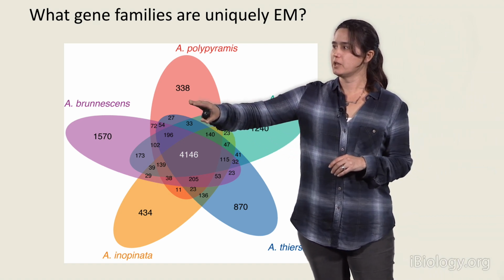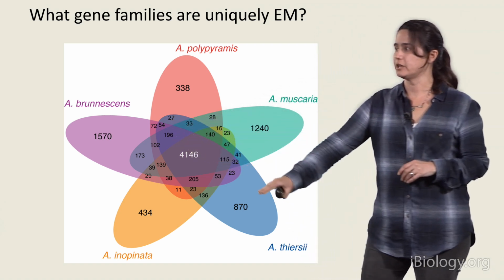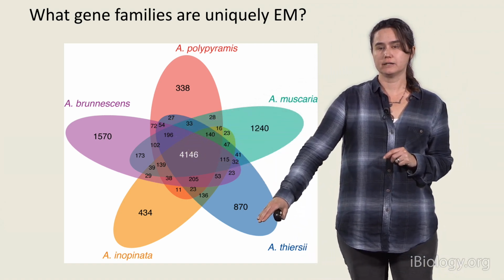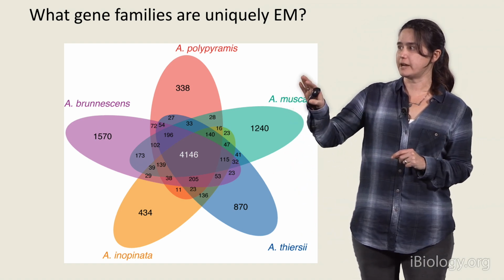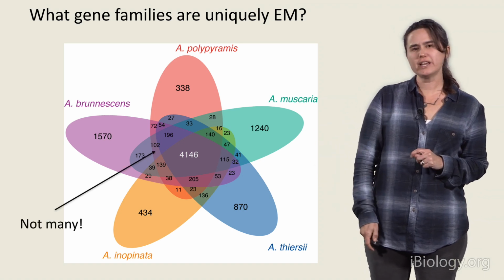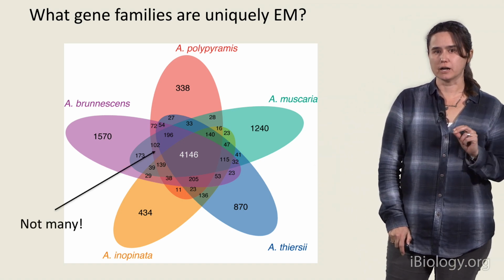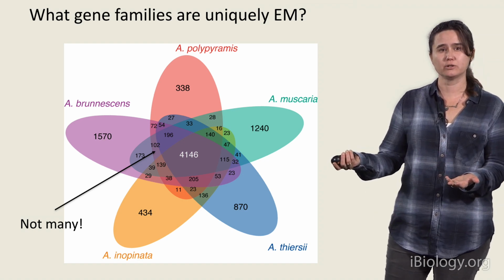So for example, Polypyramus shares 27 gene families uniquely with Tiersii. And if you look to see where the three ectomycorrhizal species, Muscaria, Polyperamus, and brunescens, overlap, there's only 102 gene families that are uniquely ectomycorrhizal, which in the context of everything you're looking at is not so much.